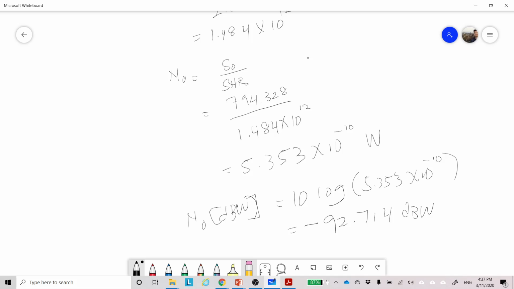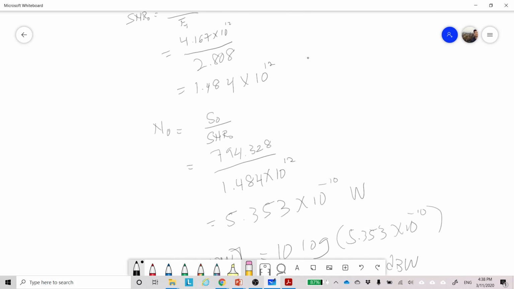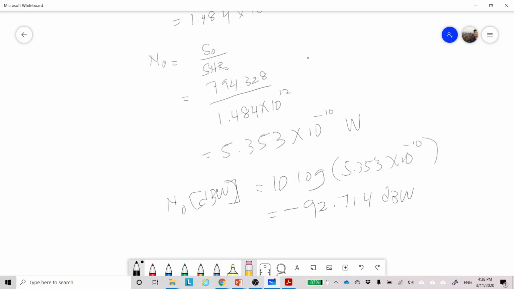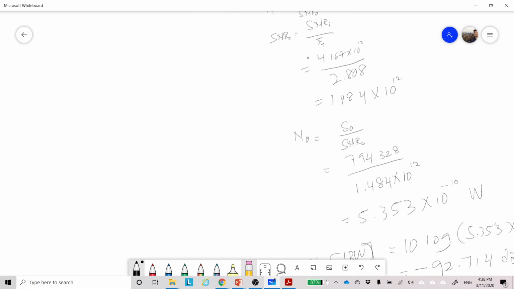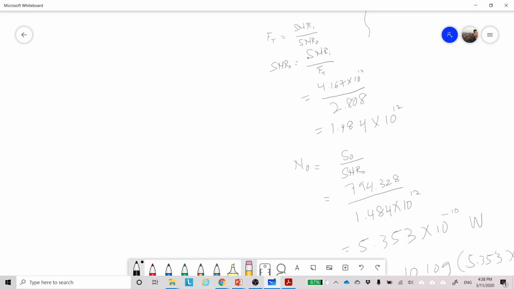Ada cara lain sebenarnya. Okay, ini siapa tak dapat jawapan ni sila beritahu saya. Ada cara lain yang saya nak tunjuk. Ada banyak cara sebenarnya, so terpulang kepada pelajar. Tadi kita dapat SNRO. Tadi kejap saya nak tunjuk cara lain pula.